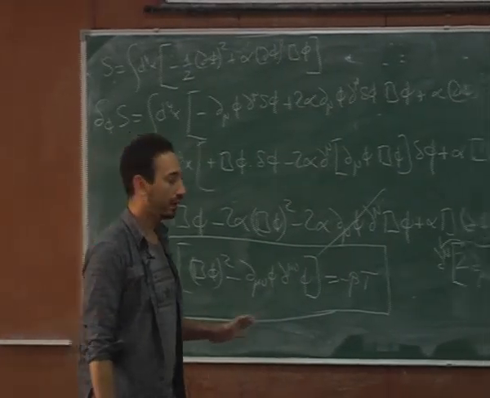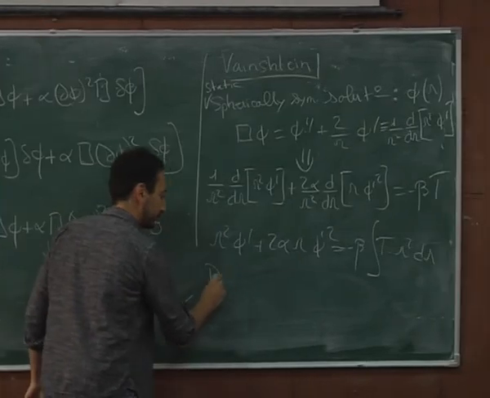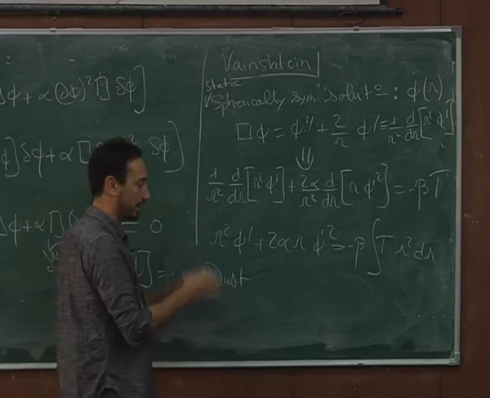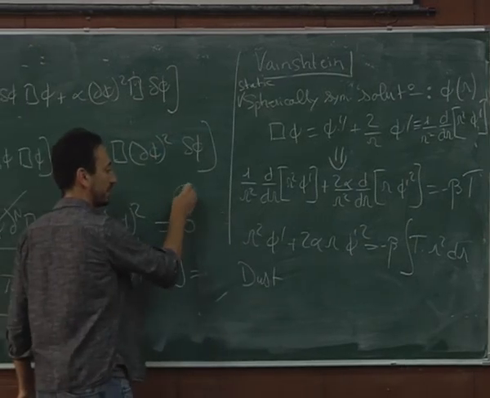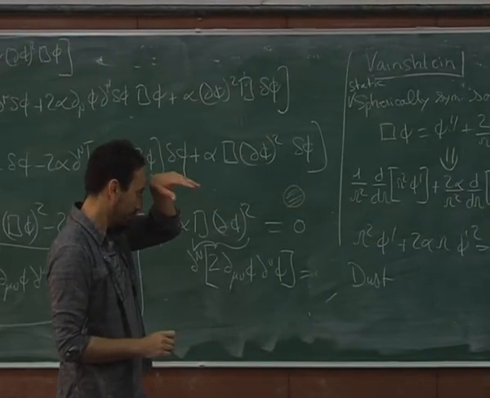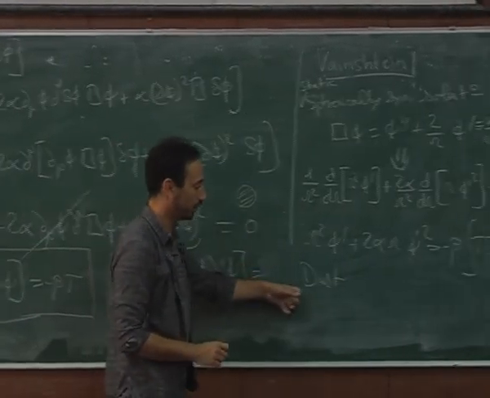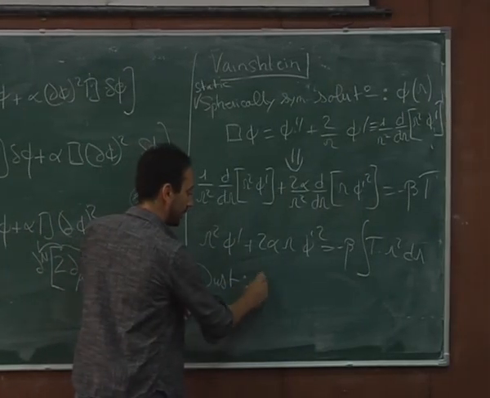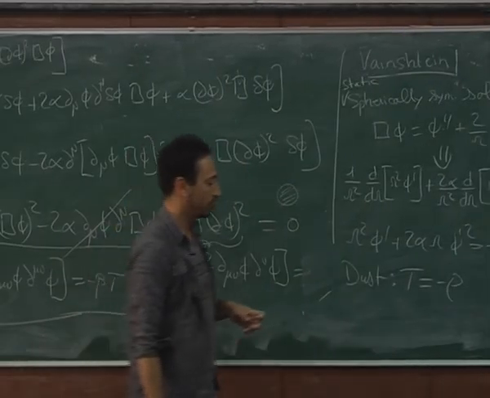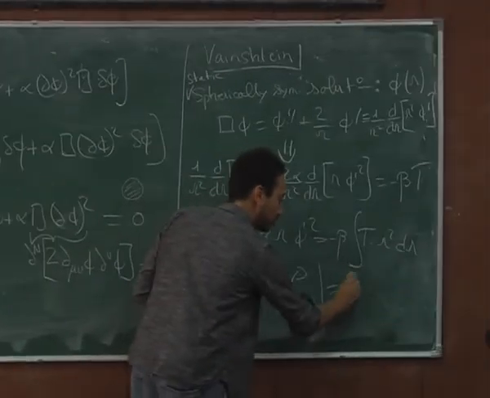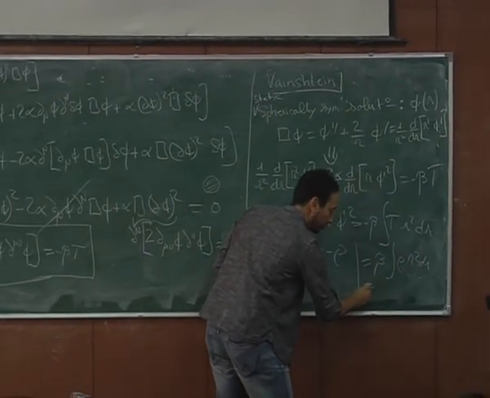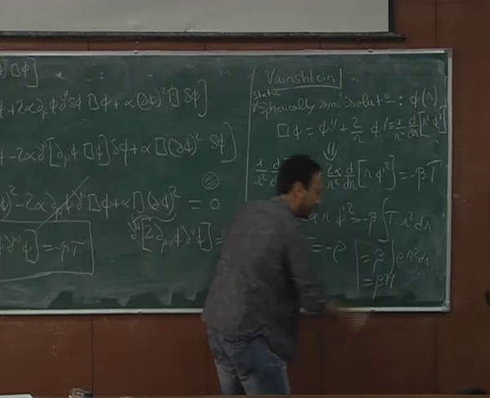Taking only dust, if you take some planet or something like that, this is what we are studying, a spherically symmetric solution around something with a small gravitational field, like a planet, for example. Then the energy momentum tensor is just minus the density. So this is equal to beta, the integral of density r squared dr, which is just the mass of the object.